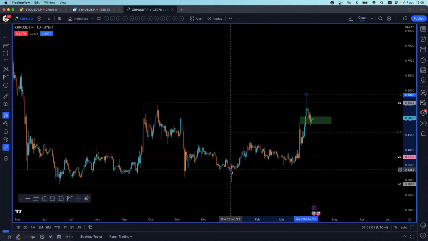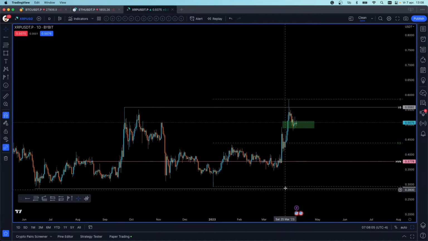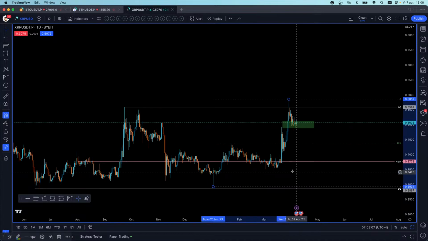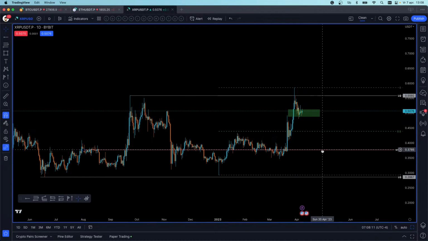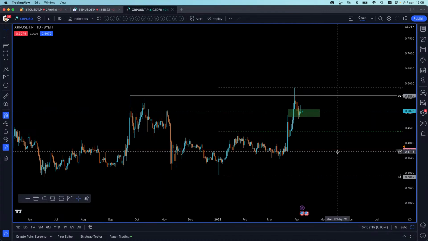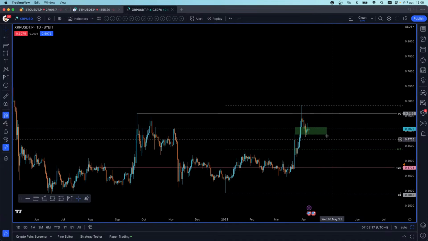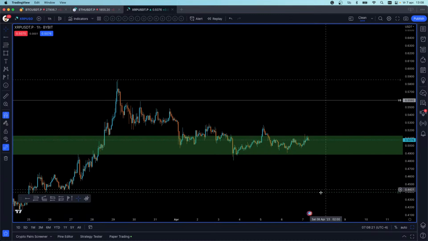But any chart at the moment is almost untradable. I will place an alert right here that might cause a long scalp. I will dive in a little bit closer.